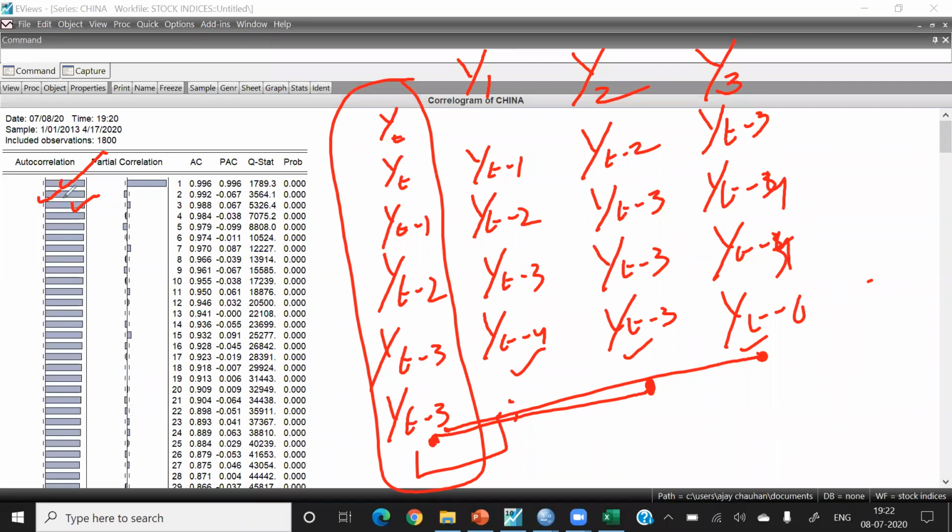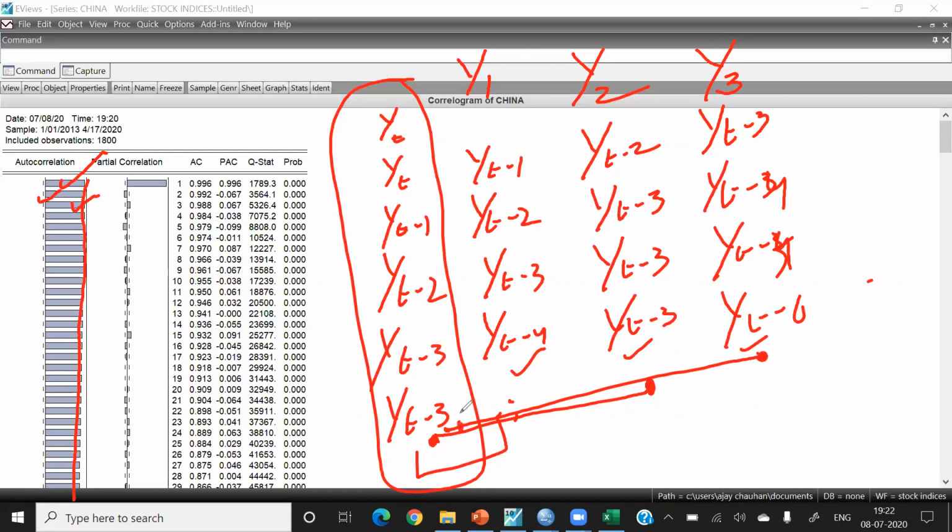First graph. Now the problem in this graph, the first graph, is that it is significant up to many lags. You can see that it is significant up to many lags. Why is it so? The answer is very simple.